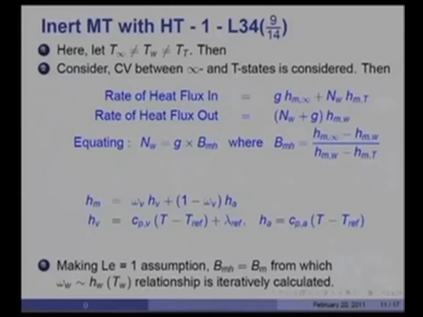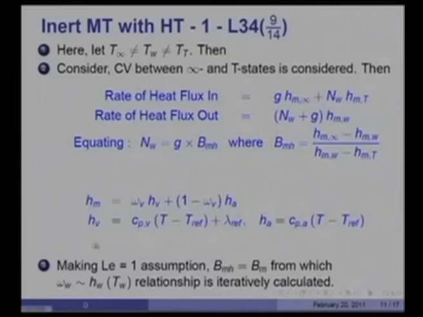In an inert mass transfer case, let us say an air and water vapor mixture, then h_m would be omega_V times the enthalpy of the vapor, plus omega_A, the mass fraction of air, times the enthalpy of air. Since there are only two species, omega_air would be written as 1 minus omega_V. The enthalpy of the vapor would be C_pv (T minus T_ref) plus lambda_ref, the latent heat defined at T_ref, and h_A would have simply the sensible heat C_p (T minus T_ref).